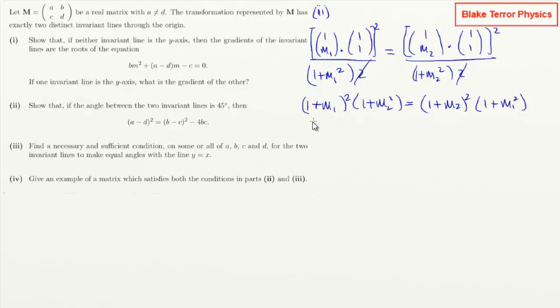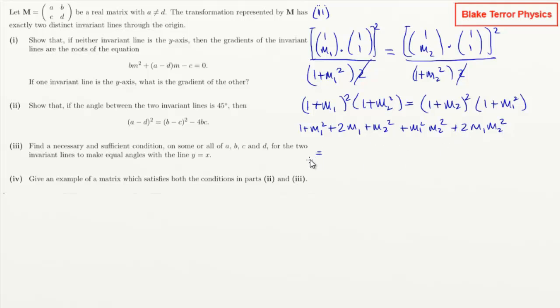So it's 1 plus m1 squared plus 2m1. And then I've got it all again multiplied by m2 squared. So plus m2 squared plus m1 squared m2 squared plus 2m1 m2 squared. So that's the left-hand side.